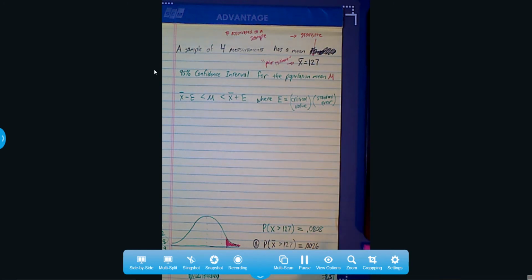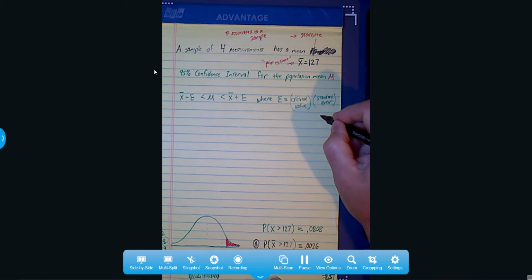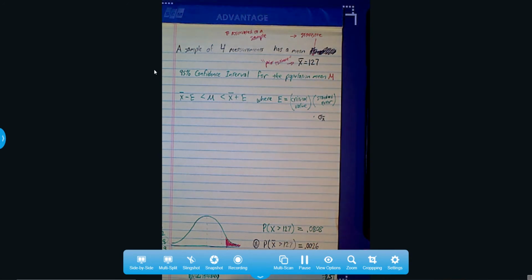Now, down below, I talked about the standard error of the mean. So we had, I called it sigma x bar. I think your book calls it sigma m, right? Let's take a look at that just to be sure.